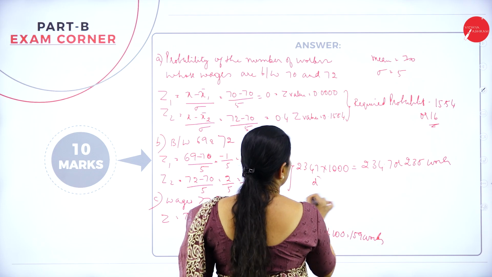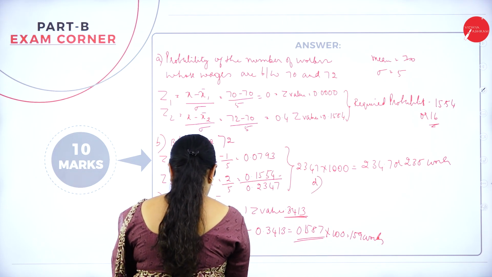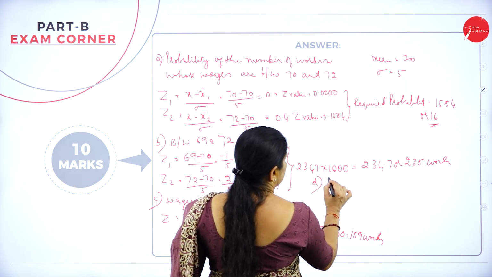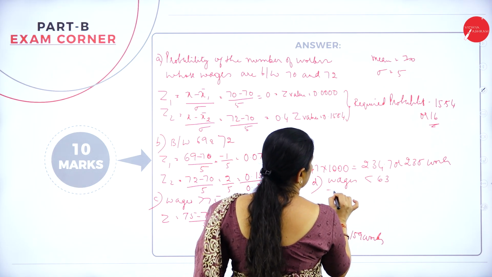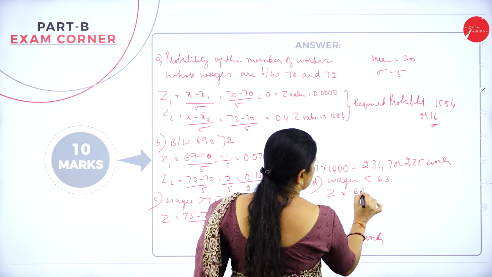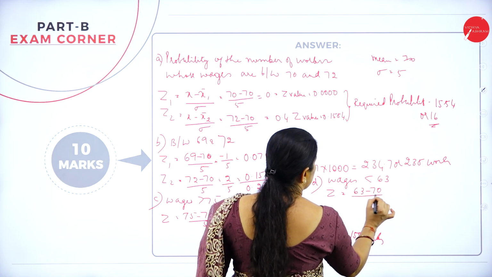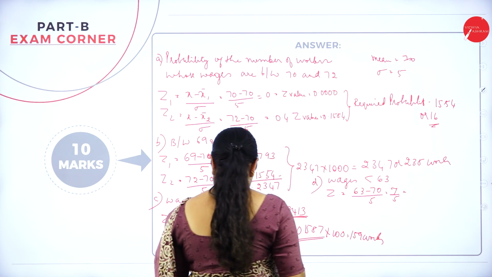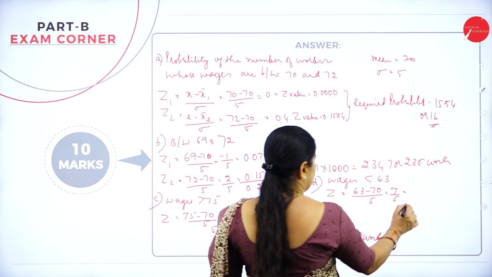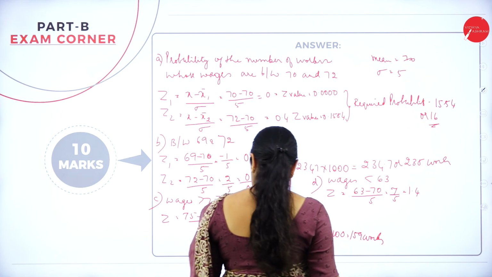Then in the fourth case, where the wages are less than 63. So the Z value will be 63 minus 70 divided by 5. That is 7 by 5. So the Z value will be equal to 1.4.